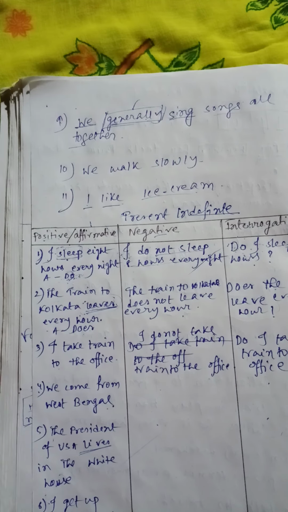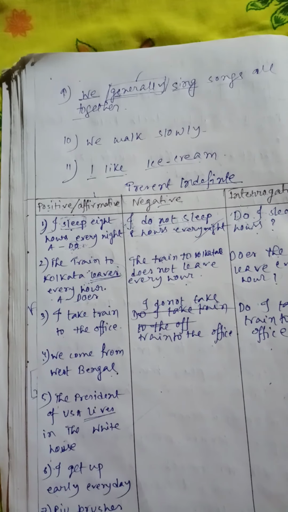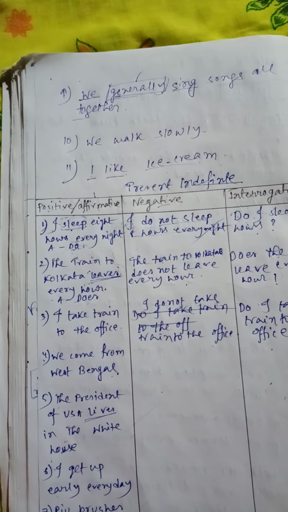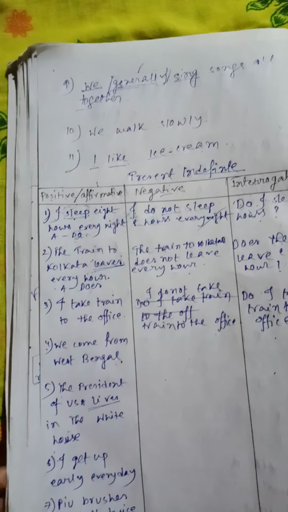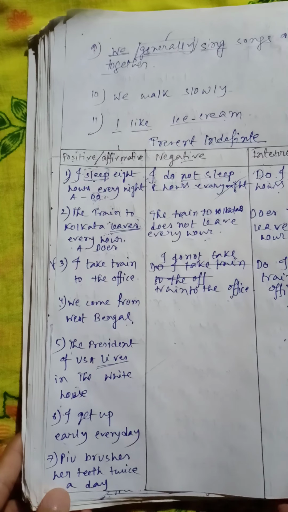And look at this page. I have already written the sentences that I gave you in my previous video, when I was providing some examples to make you understand in which way we will use this tense. These are those sentences.